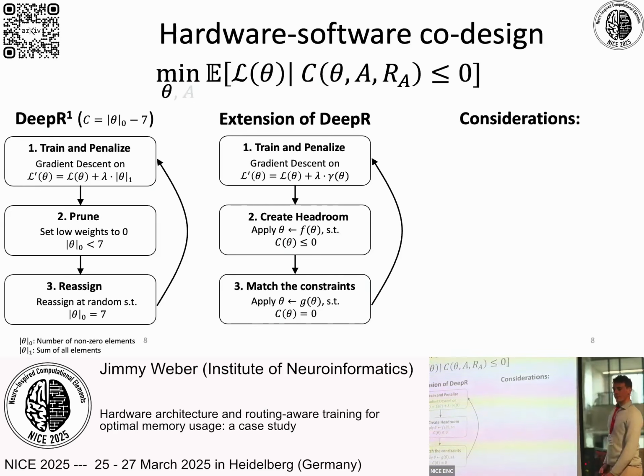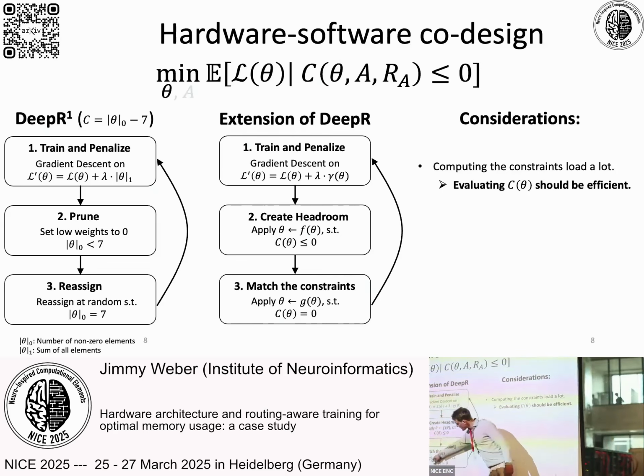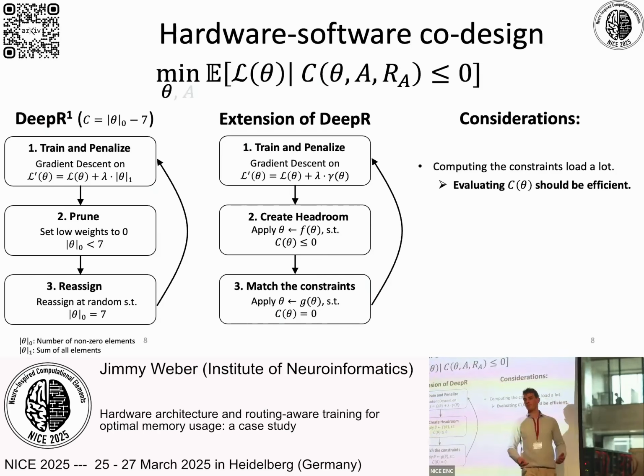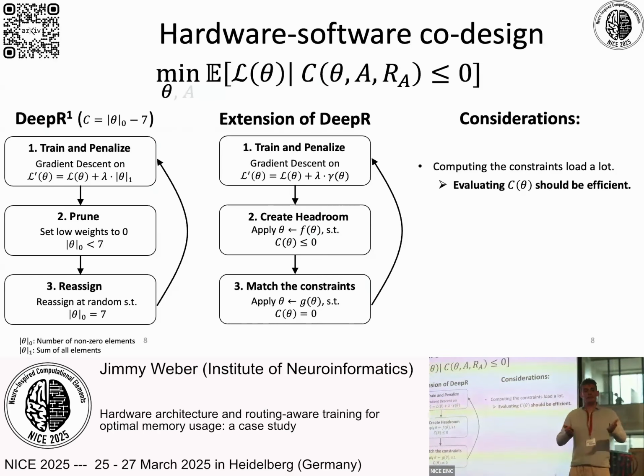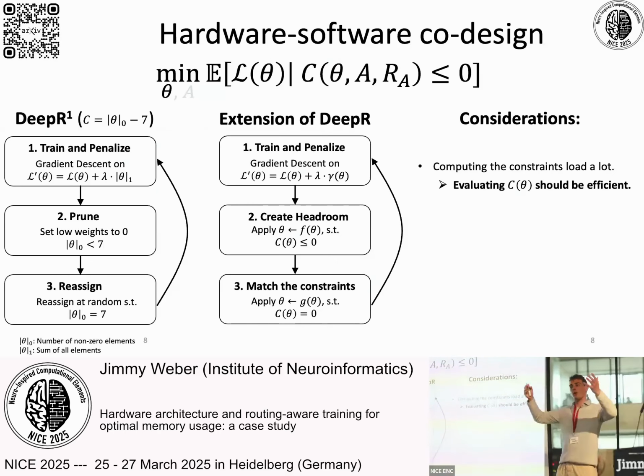There are some considerations here. The first one is that we're going to need to compute the constraint quite a lot of times, right? As I said, it can be all the routing part, or checking whether our spiking neural network would map onto this chip, which can be whatever algorithm that is time consuming. And as we are doing it a lot, this computation needs to be efficient.